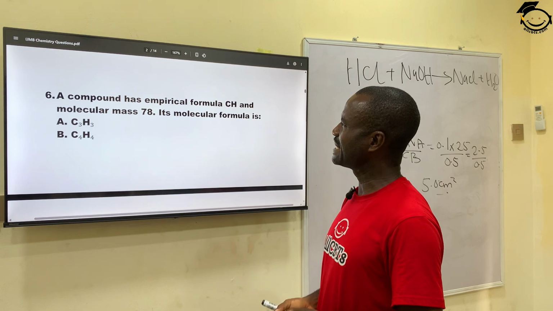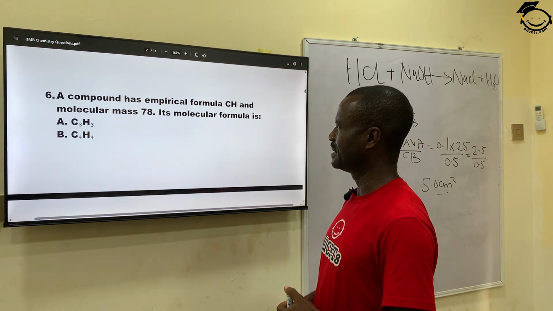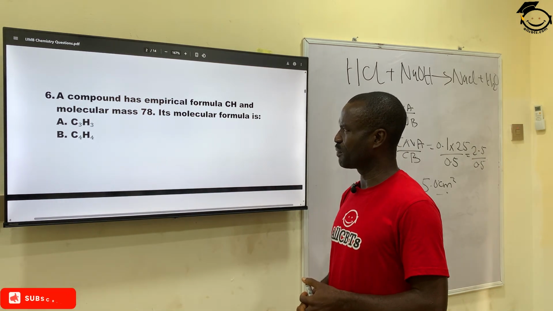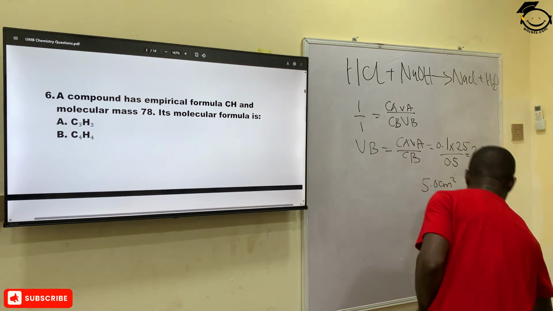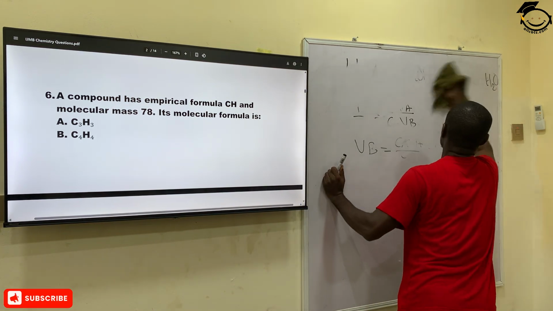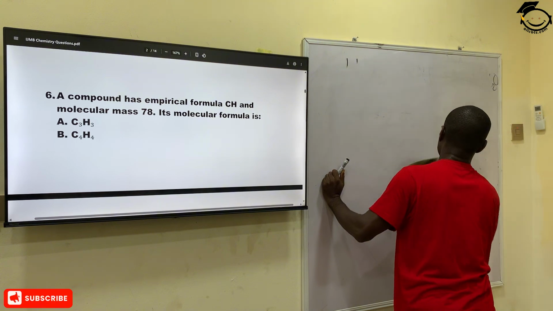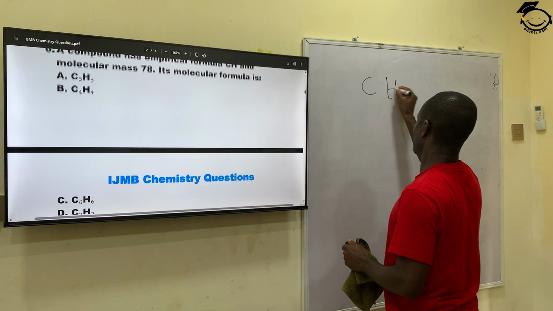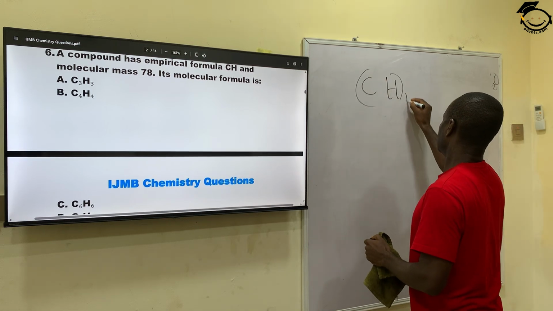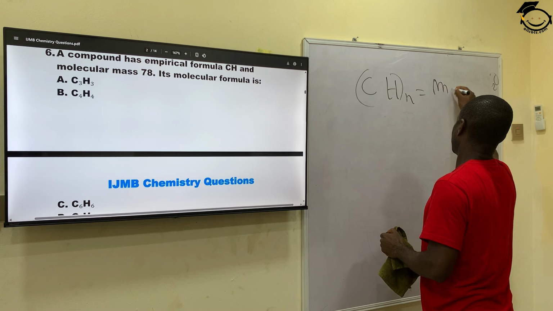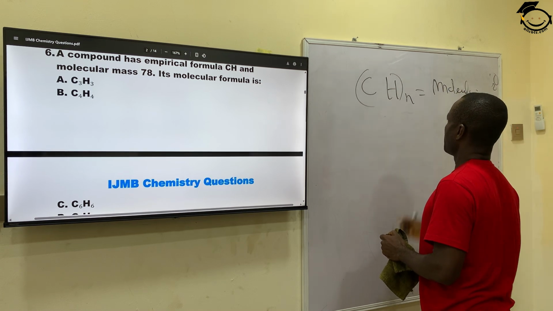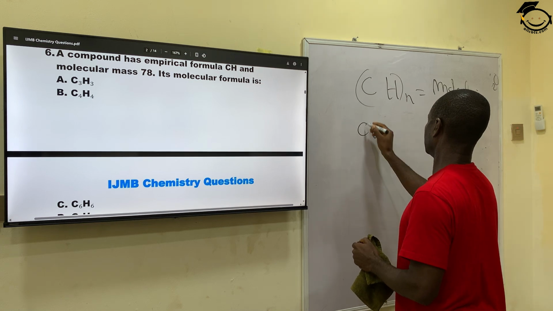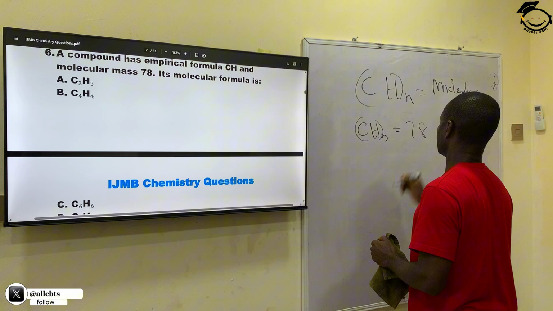Question 6. A compound has empirical formula CH and molecular mass of 78. Therefore, its molecular formula will likely be, so with this, I have to make some little calculation. The empirical formula times n equals the molecular formula. So going by this equation, we have (CH)n equals 78.